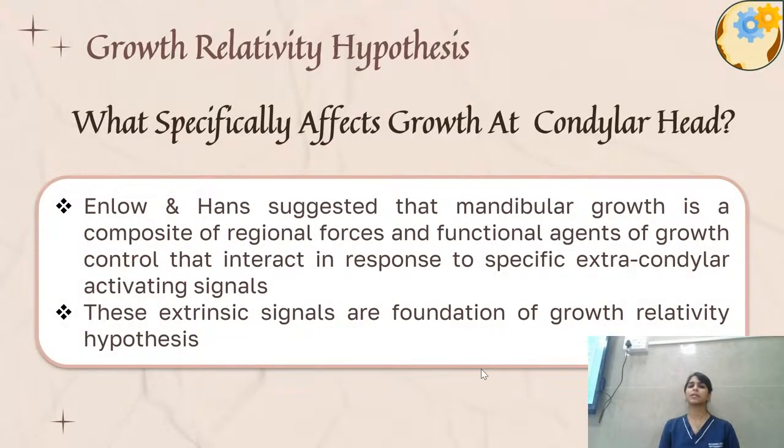So now, what specifically affects growth at condylar head? Enlow and Hans suggested that mandibular growth is a composite of regional forces and functional agents of growth control that interact in response to specific extracondylar activating agents. So these extrinsic signals are the foundation of the growth relativity hypothesis, which consists of a composite of all the regional forces and functional agents of growth control.